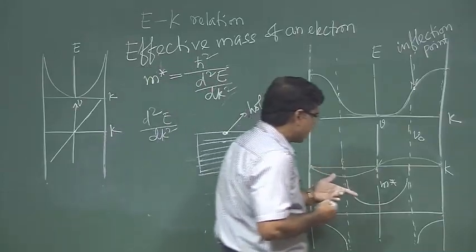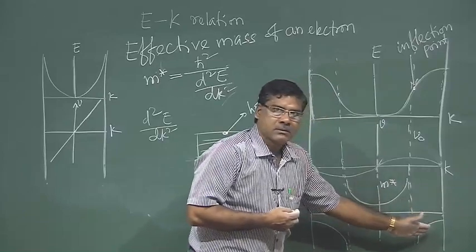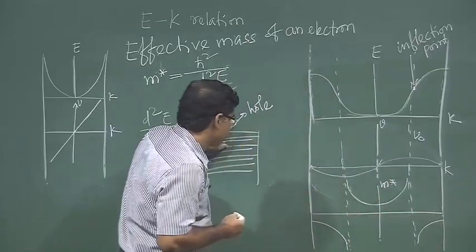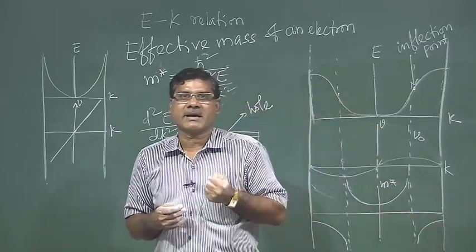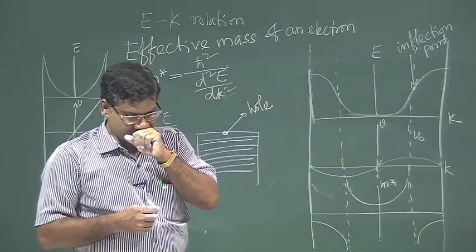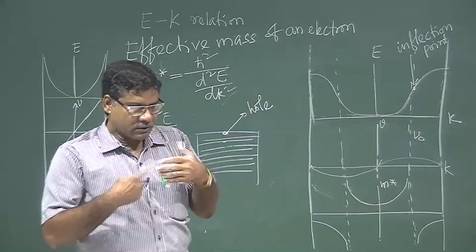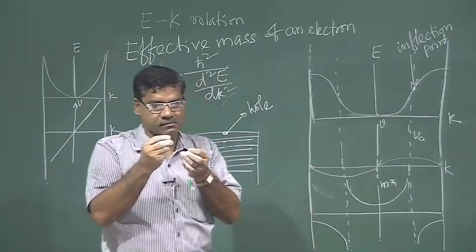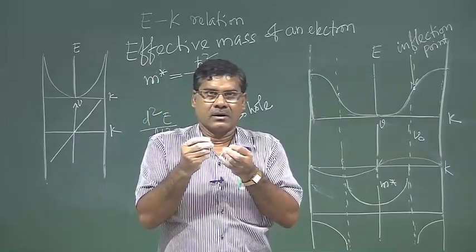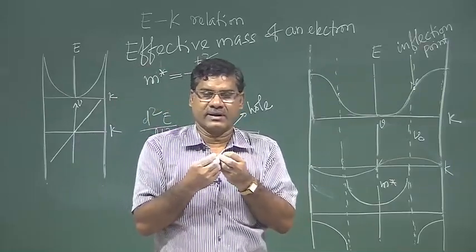Similarly, one can think of it another way. When the electron is in the upper band, its mass is negative. So, you can think that the electron is moving under an electric field.